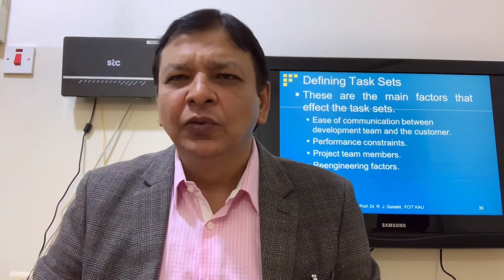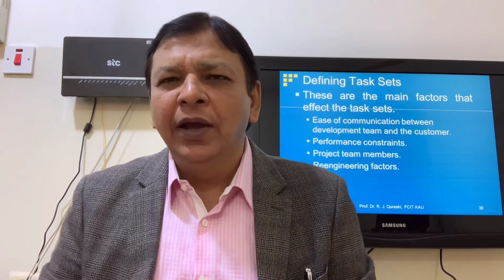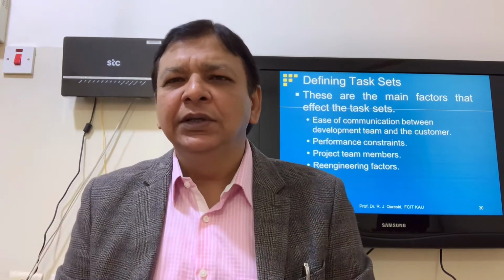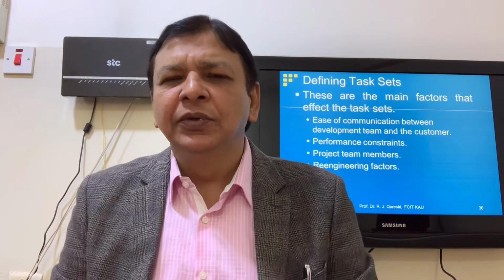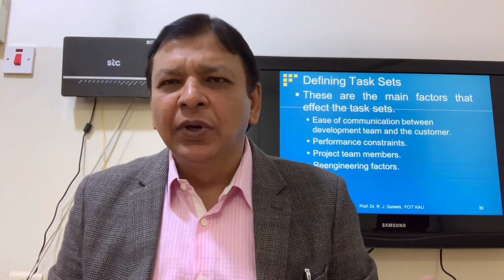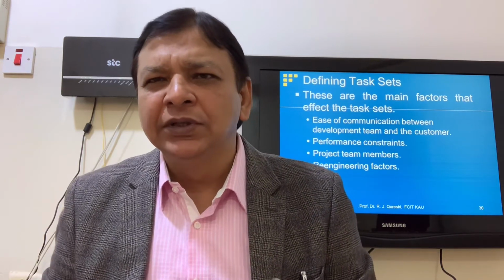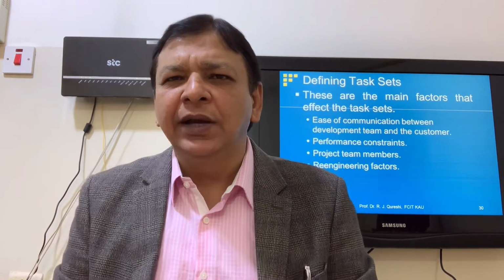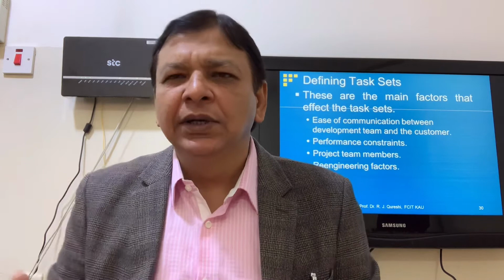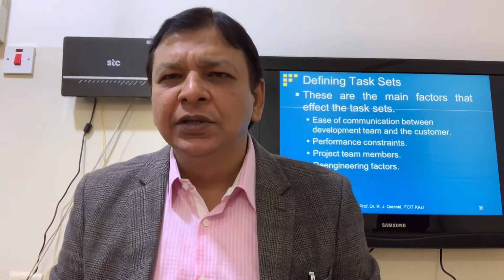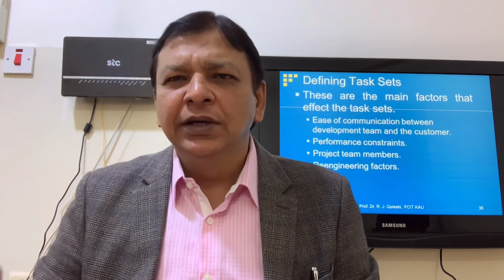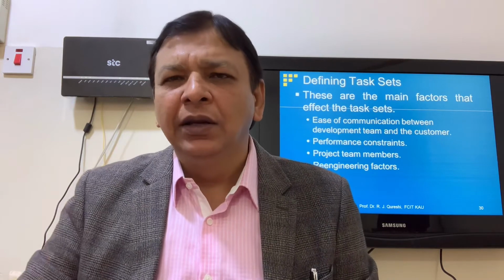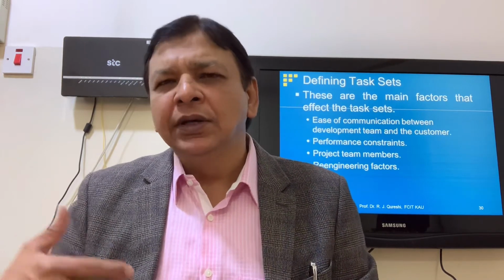In case of a co-located team, we have a concurrent strategy. In case of distributed teams, we have a pipeline strategy. Requirements are different for distributed teams. And if the customer has multiple sites, that is a multinational company or it's distributed throughout the country, then it's difficult to communicate with all users. Then the task set will be different.